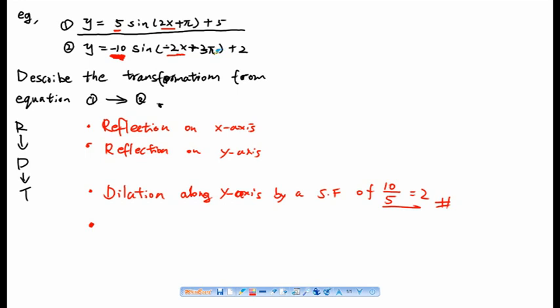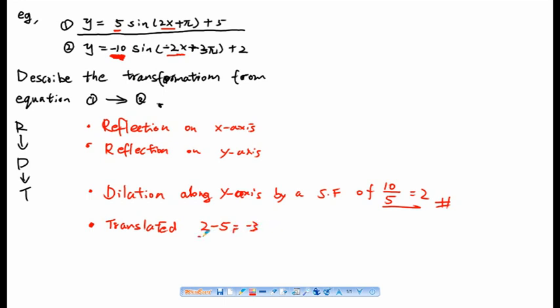Now let's move to the translation part. In the first graph, there is plus 5. In the second graph it is 2. So what I can say, translated 2 minus 5, which is minus 3.